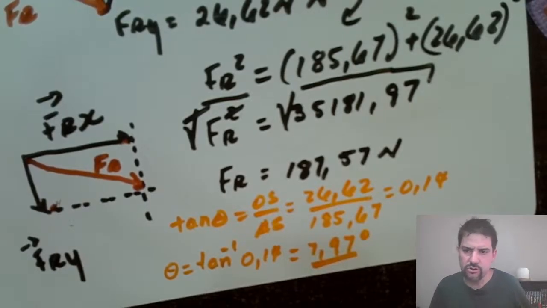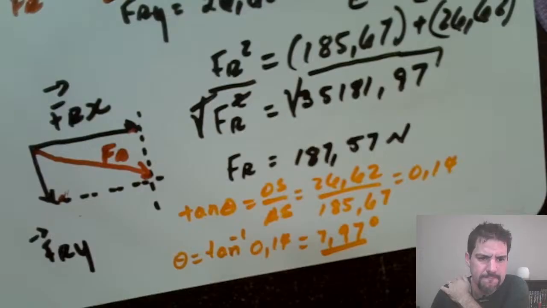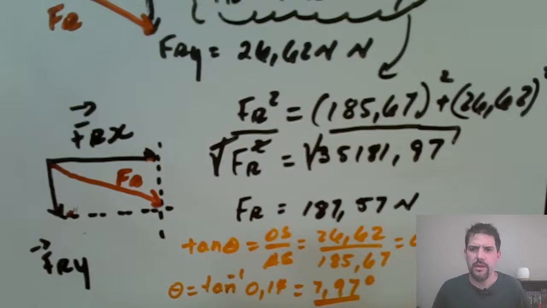I'm still getting 26.62, but guys, check. You can check all the calculations, okay? So yeah, you can ask questions now if you have any. Let me just fix this one. There we go.